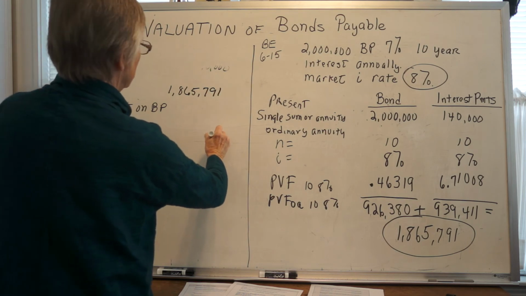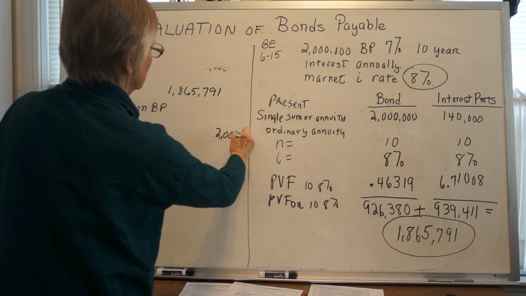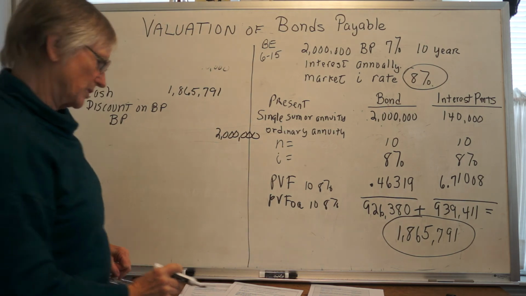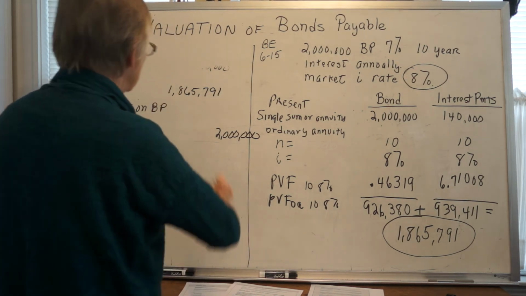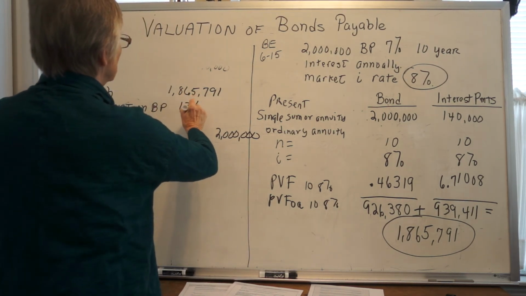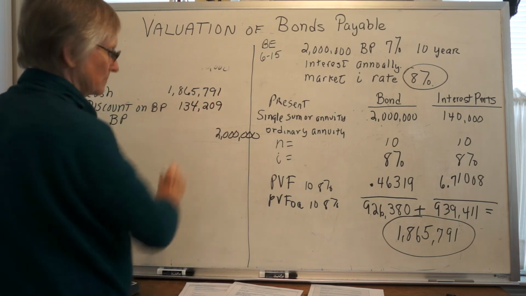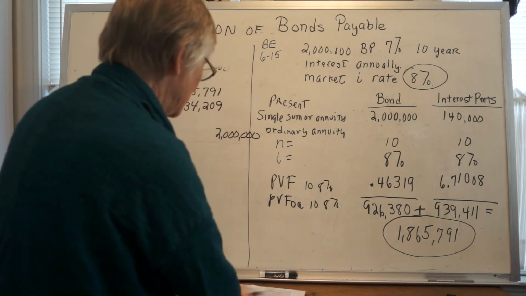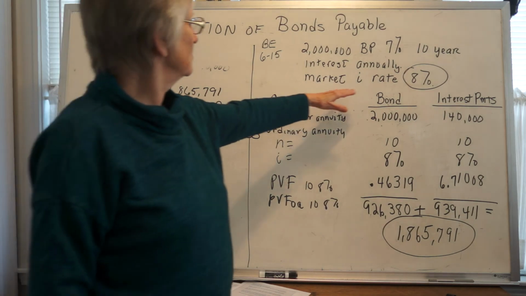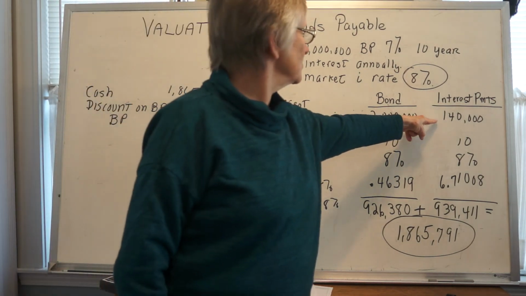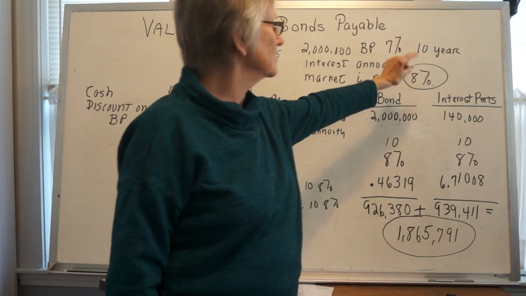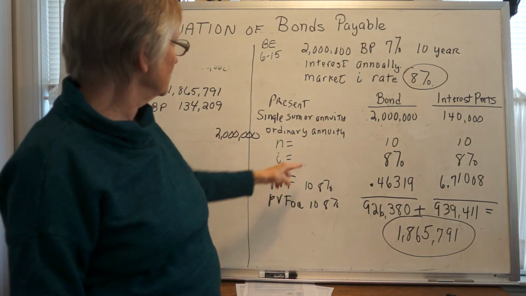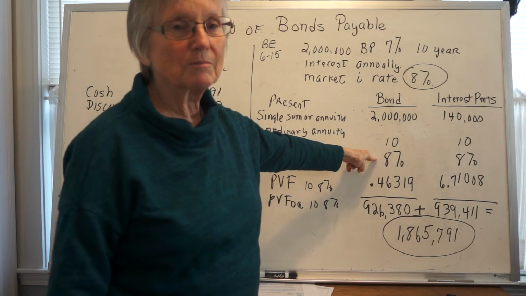We would have our bond payable of the 2 million, and you would have the discount on bonds payable of 134,209. Okay, so that's basically what you have to remember: when you are computing the interest payments, you're using the stated interest rate. When you're computing the bond proceeds down here, you're going to be using the market rate.